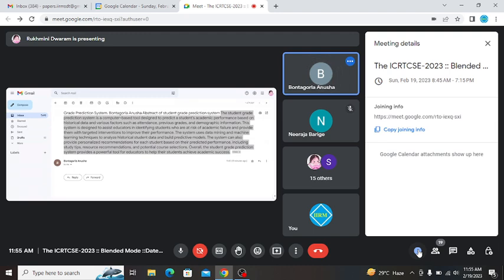For example, we give the input: enter the mid one marks, mid two marks, number of absent classes, and study hours. It processes these columns and gives the output, predicting the student grade.